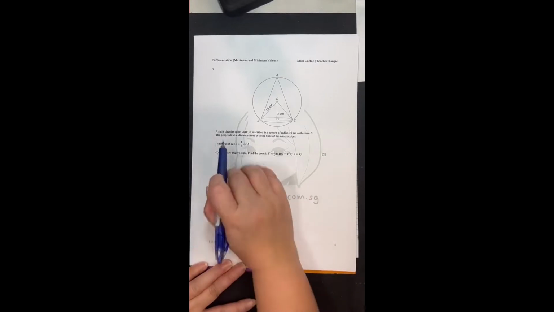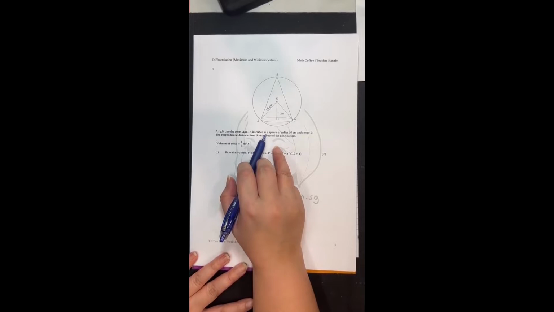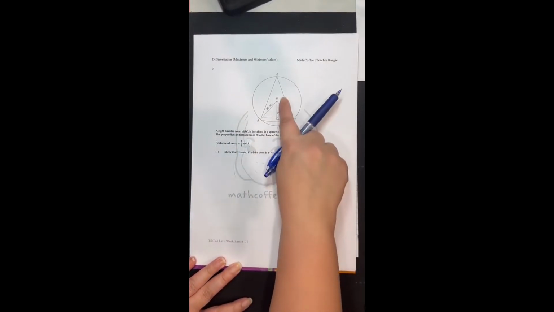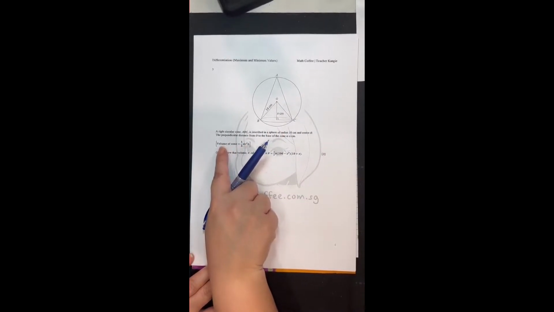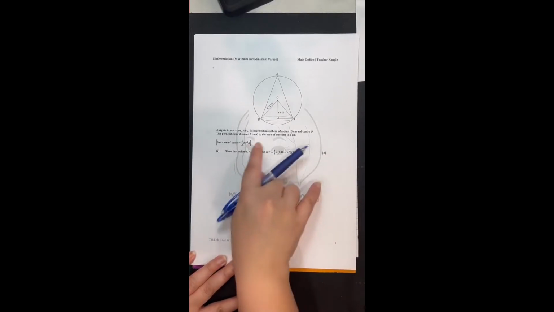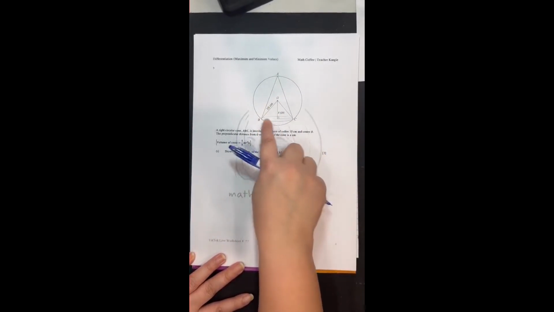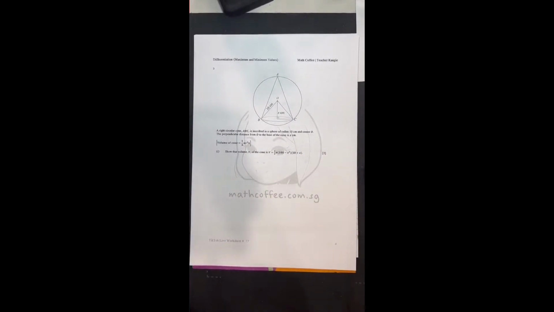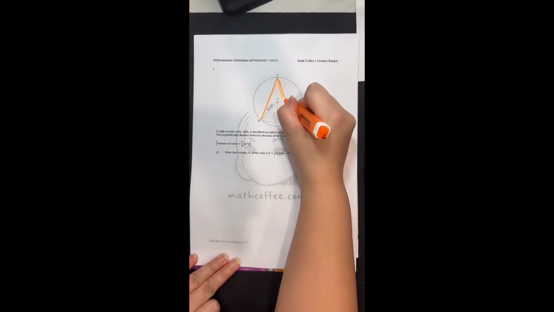Okay, let's continue. A right circular cone ABC is inscribed in a sphere of radius 10 cm and center O. The perpendicular distance from O to the base is x. Then they give me the formula of the volume of a cone, and they want you to show that the volume of the cone is this. The cone is referring to this one, this is the cone that they're talking about.